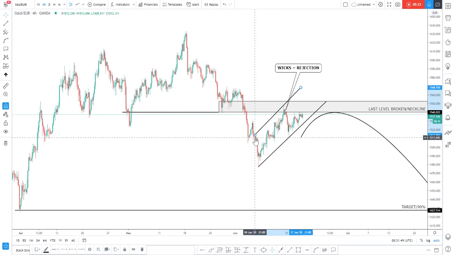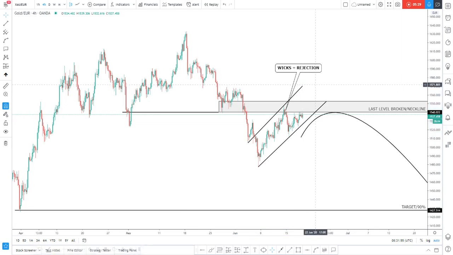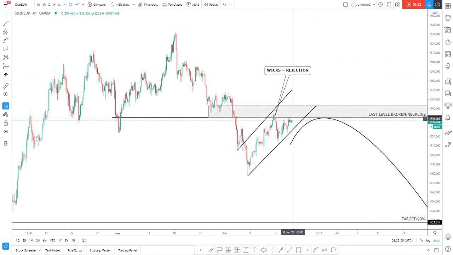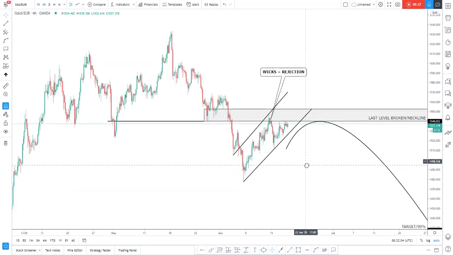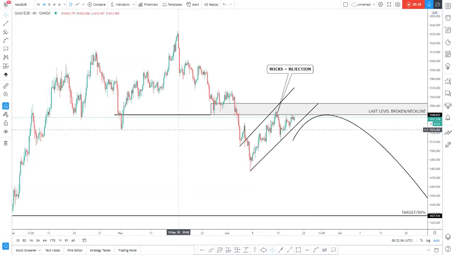Yes, so we have a bullish channel in a bearish trend, which, as we all know, has a high probability that it will break out and move to the downside. And also, we can see a lower high, a lower low, a lower high, a lower low, a lower high, and a huge tendency of a drop back downward.